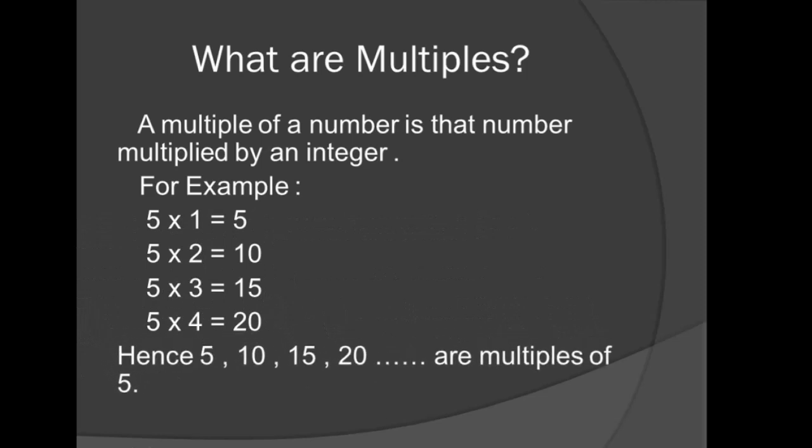Hence 5, 10, 15 and 20 are the multiples of 5. That is how we work out the multiples of any number.